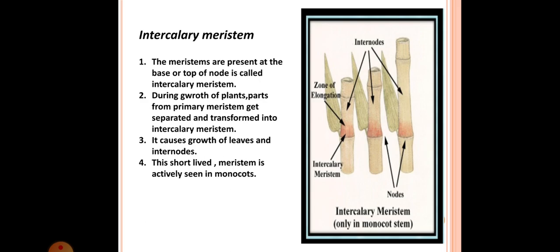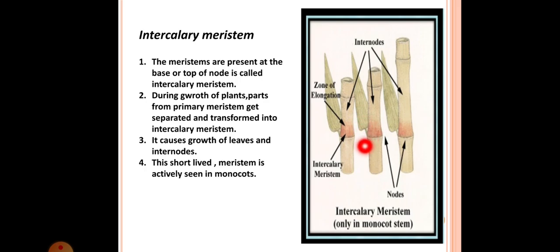Intercalary meristem: the meristems present at the base or top of the node are called intercalary meristem. So here you can see this is the nodal region. On the nodal region there is a meristem, so this is known as the intercalary meristem.